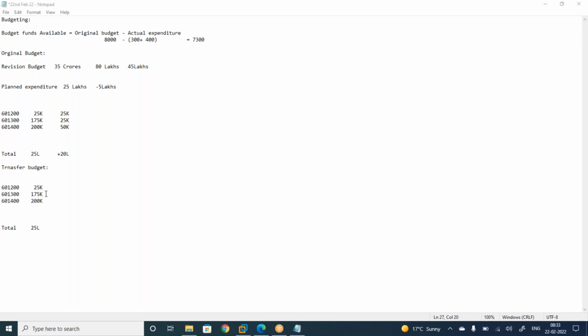Now here, transfer budget means you are decreasing 25,000 from here and you are increasing 25,000 here. Means internal adjustments. I am decreasing this expenditure, making it 1,50,000.